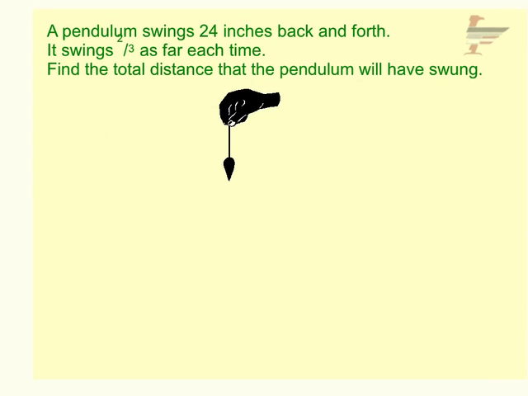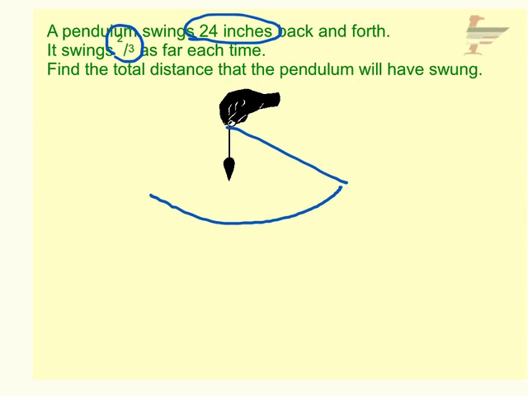And here's the last slide. Again, there's a video for this problem as well. It's another one of those application problems where a pendulum is swinging. Let's just pretend it starts out here, and it's going to swing one full swing, and that's the 24 inches, but then it just goes 2/3 of the swing before it. So it'll swing back just 2/3 to there, and then it'll swing 2/3 of that, and then 2/3 of that, and then 2/3 of that.